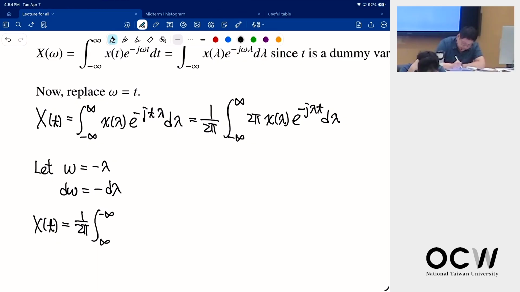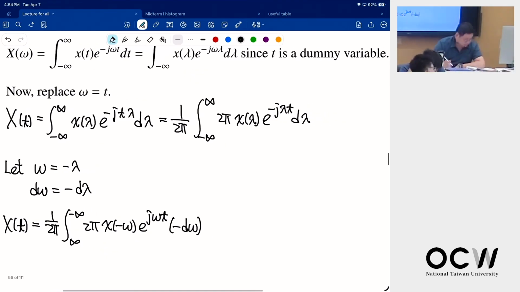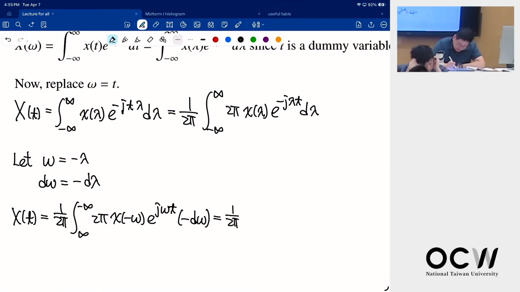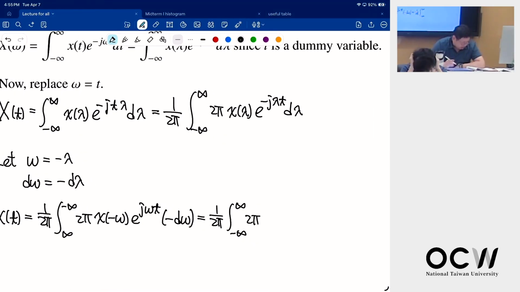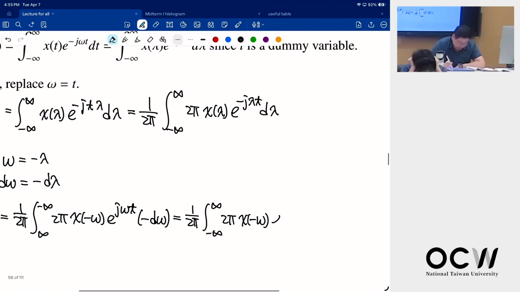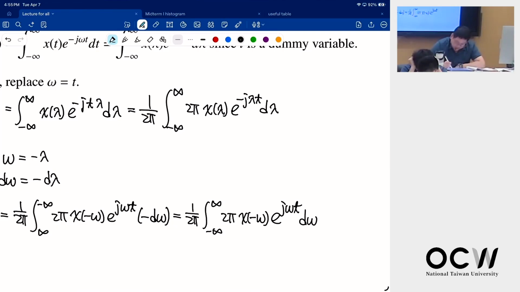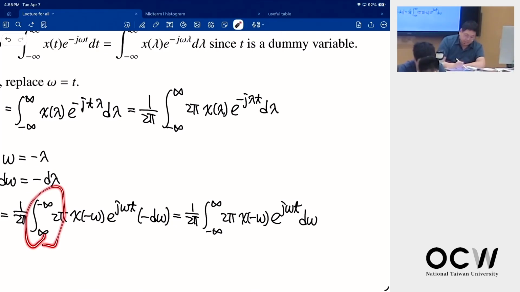So we have 2 pi X of minus omega e to the j omega t d omega, from infinity to minus infinity.